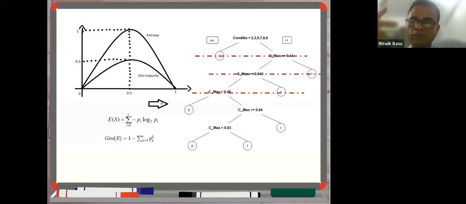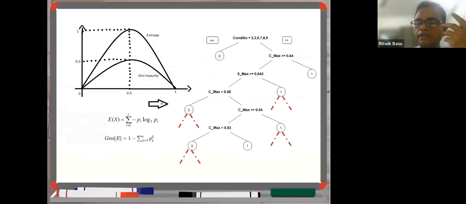And this difference, which we calculate between the Gini impurity of the parent node and the child node, is called the information gain. So our practice is to maximize this information gain. If you are able to maximize this information gain, only then you can say you have done a good splitting criterion.